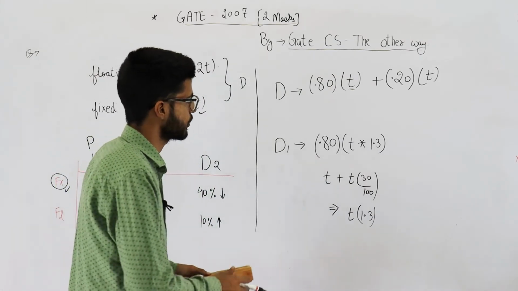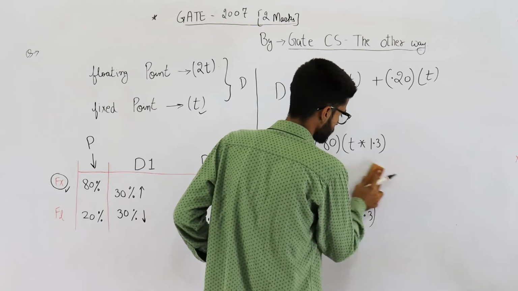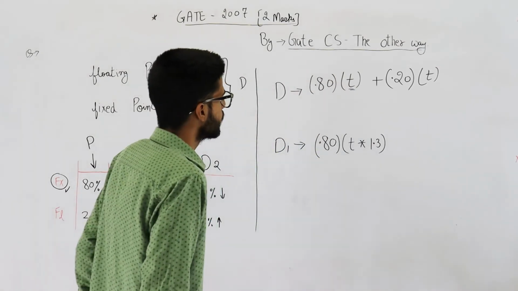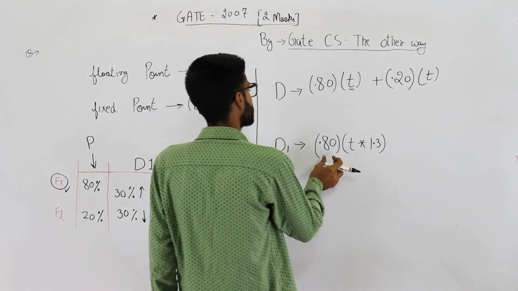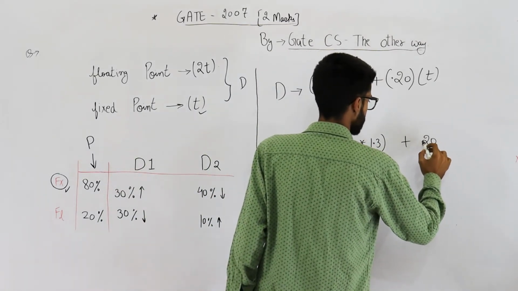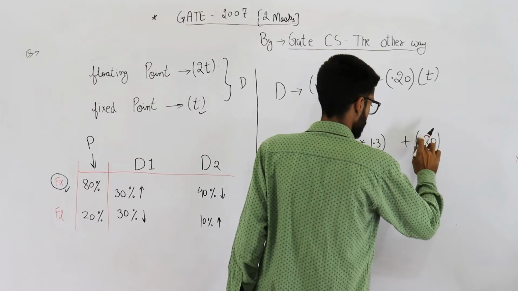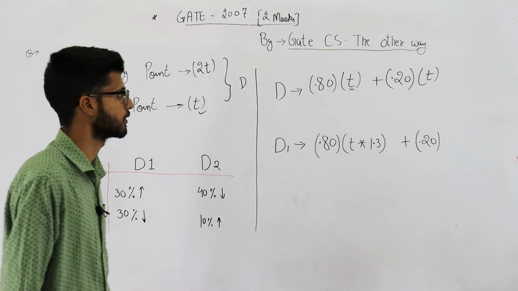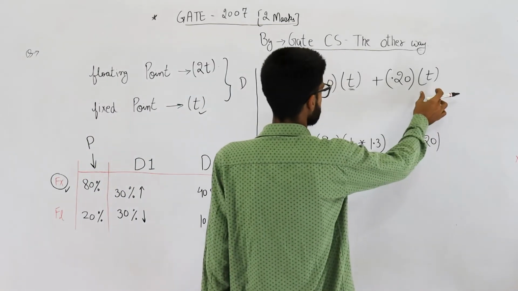Anyways, that was a shortcut that you can remember. So 80% of instructions take these many clock cycles and the remaining 20% are going to take 30% less. Earlier it was 2t, I guess.